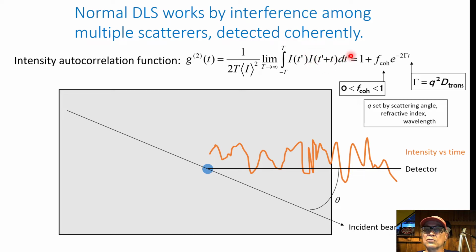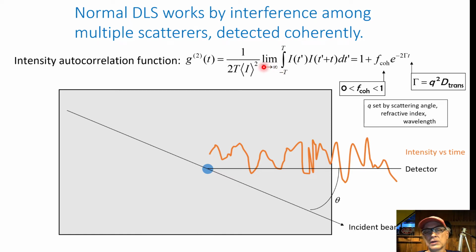And the integral says do this from a long time ago to a long time into the future, because we're going to take this big T, like the acquisition time of the experiment, to be infinity, or as long as we can tolerate.